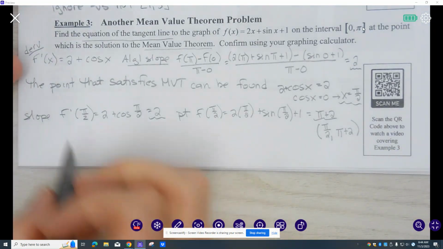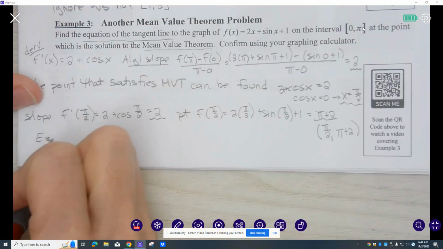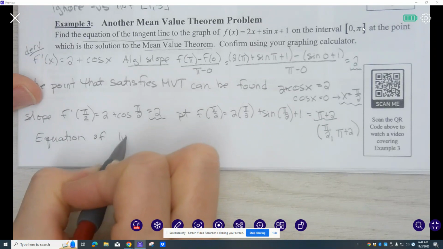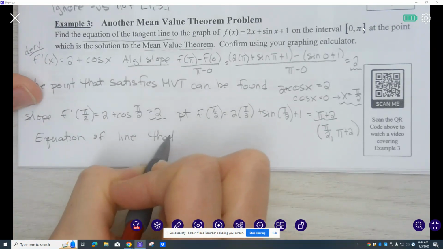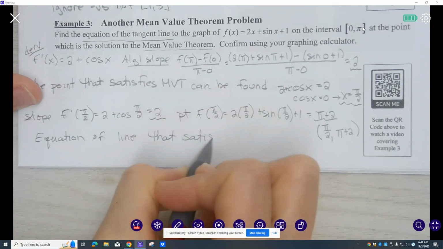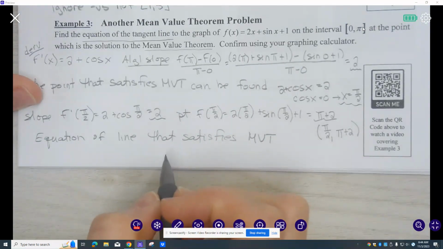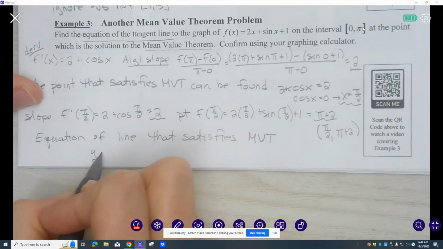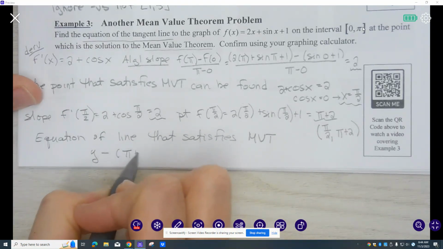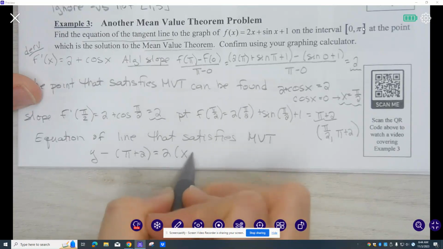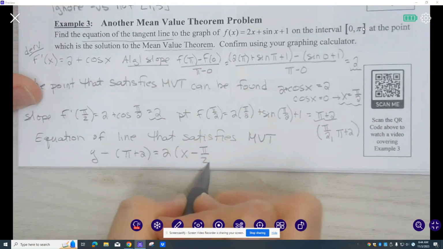Okay, so let's write the equation of a line. The line that satisfies mean value theorem is y minus y1 equals m times x minus x1.